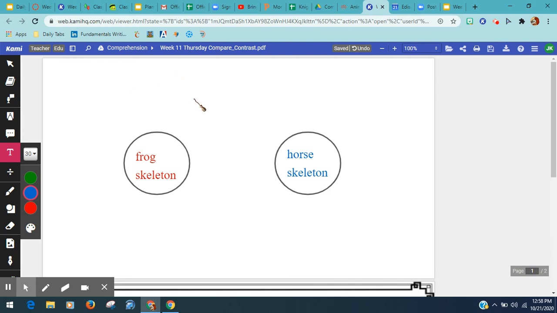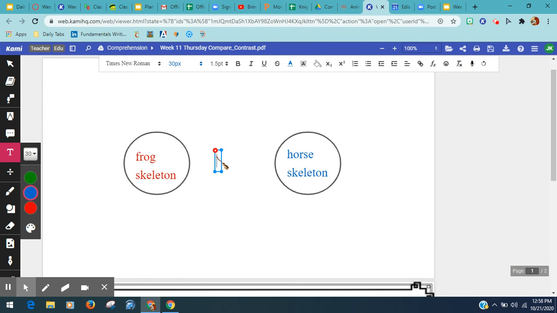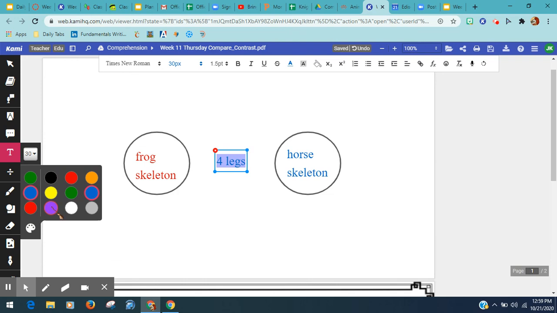The frog skeleton had 4 legs, but so did the horse skeleton, right? So since it's true for both of them, I'm going to put it in the middle. And here's how I do it. I'm going to create my text box right in the center, and I'm going to write 4 legs. But I'm going to write this in purple because it's true for both of my animals.